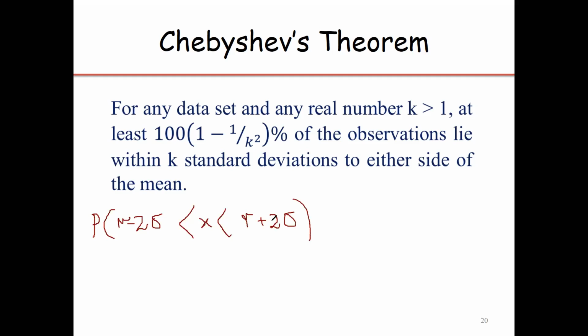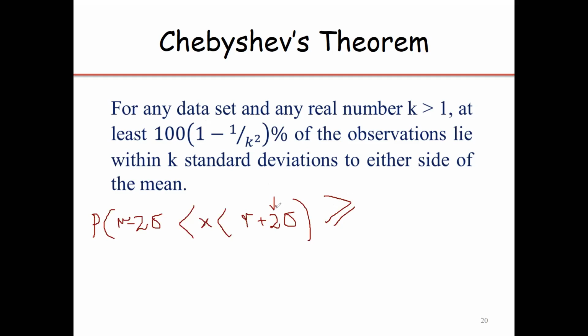I am interested in finding the probability between mean minus 2 sigma and mean plus 2 sigma. According to this theorem, this probability will be greater than or equal to 1 minus 1 upon k square. The value of k in this case is 2.